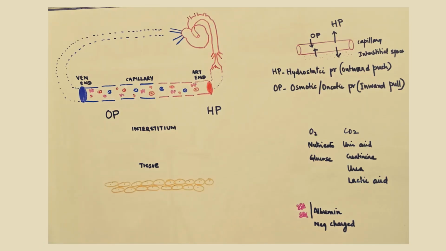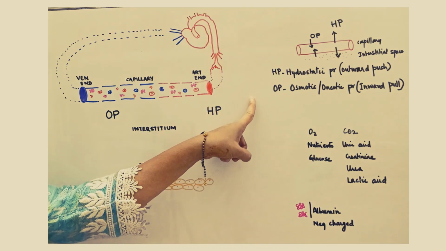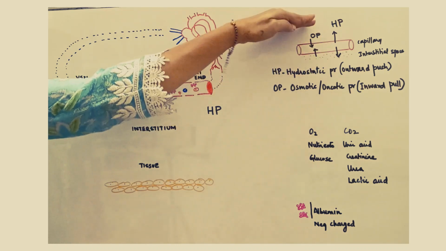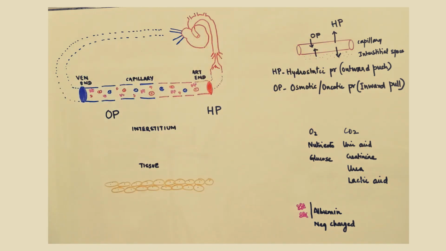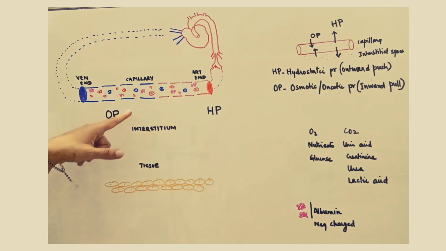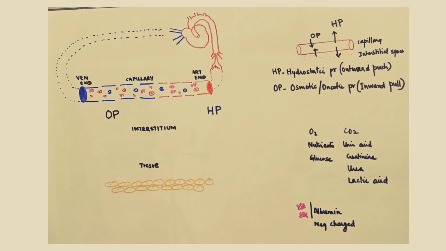Capillary hydrostatic pressure and osmotic pressure. These are the two Starling forces that control the movement of fluid in and out of the capillaries. So this is a capillary lumen and here is your tissue. This space between the blood vessel and the tissue is the interstitium or the interstitial space.